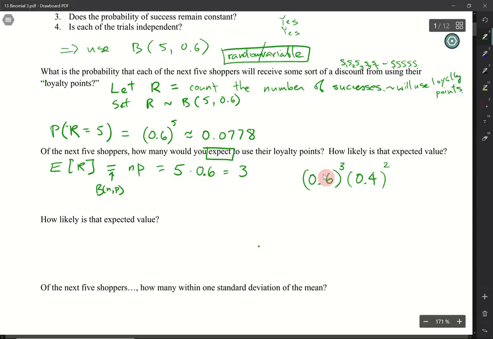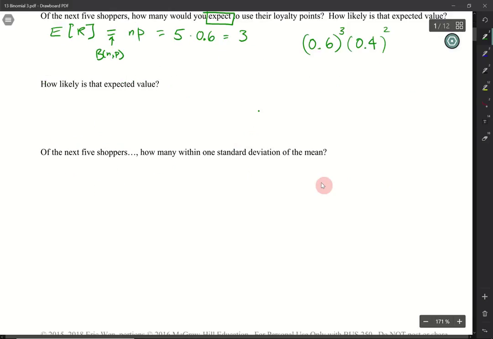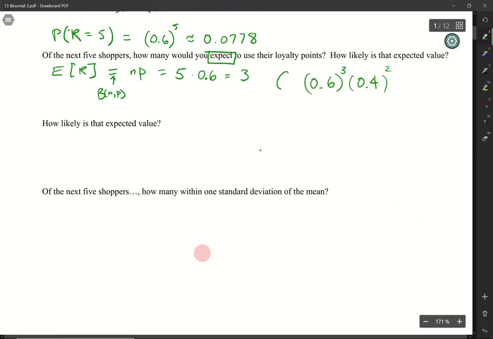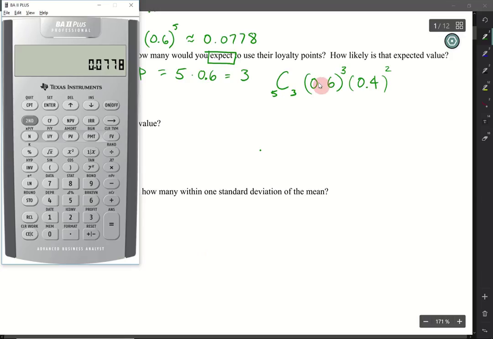So now we have the probability for one of them, but we have to get all of them, right? And so actually we can say that we know that there's 5 and we want the 3. Does that make sense? Okay. So actually we can do 0.6 to the power of 3.